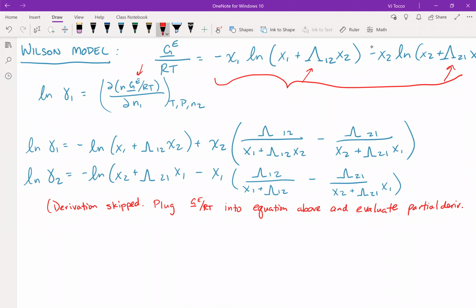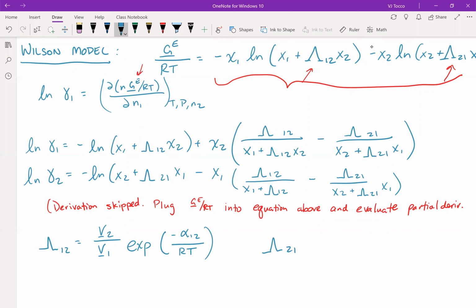There's temperature dependence built into these. So the expressions for lambda in the Wilson model are as follows. Lambda 1,2 is equal to the molar volume of component 2 divided by the molar volume of component 1 times the exponent of minus alpha 1,2 over RT.